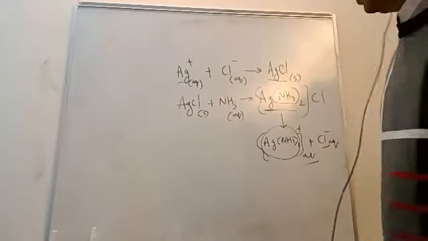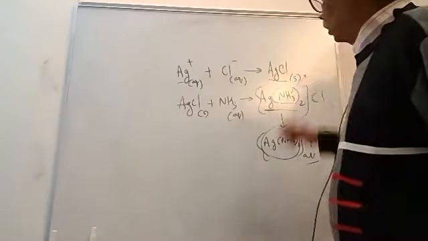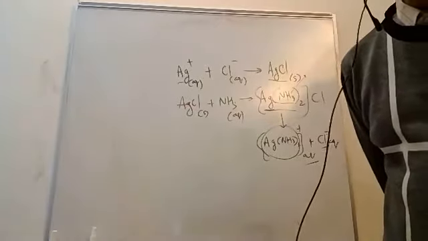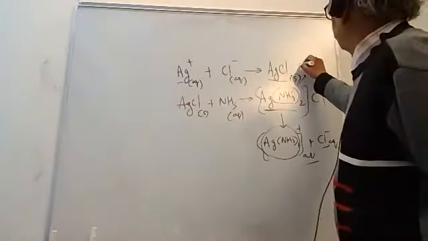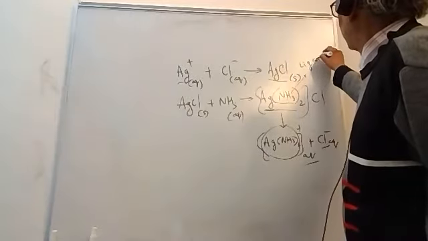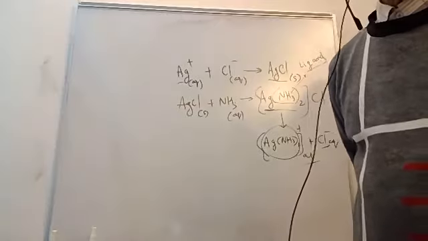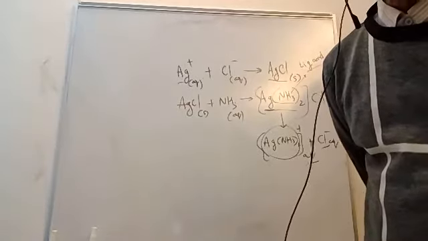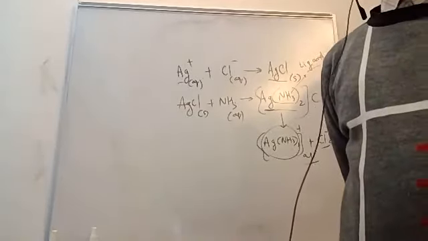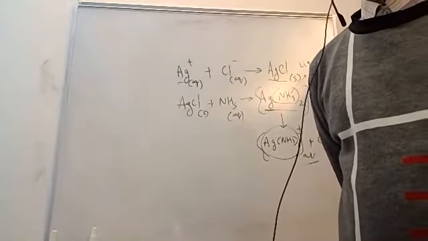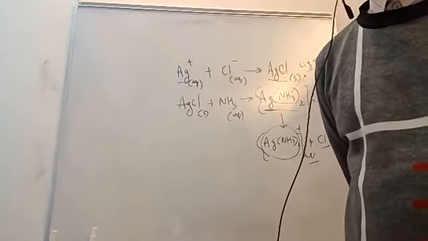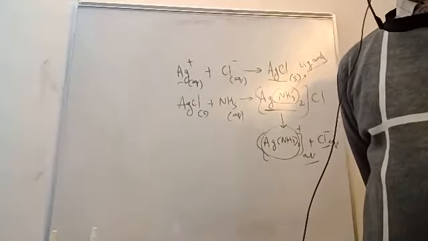So we use a name to define these functional groups that attach to the metals: ligand. Some people pronounce this as ligand too. Okay. It's the same thing. Spelling is the same, but the way we pronounce may be different.